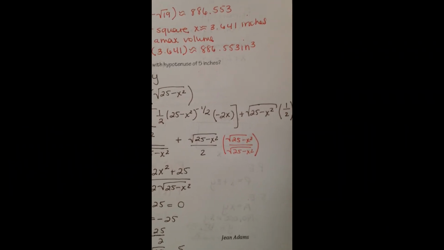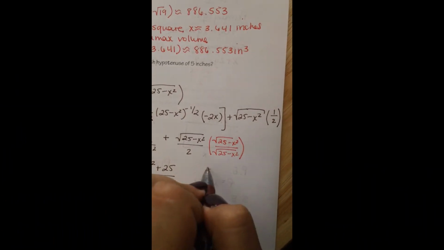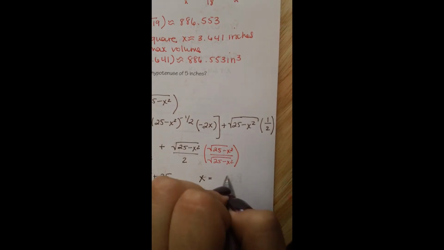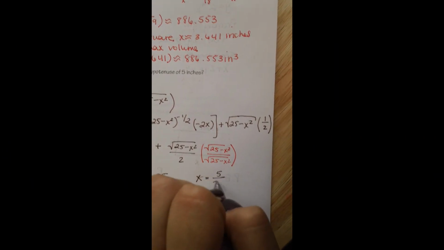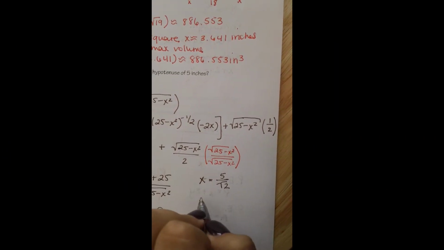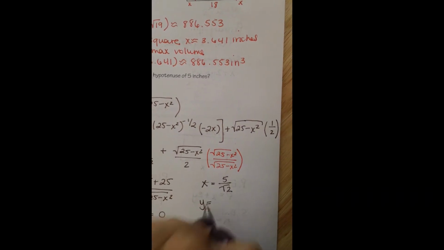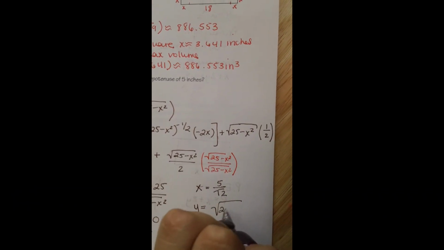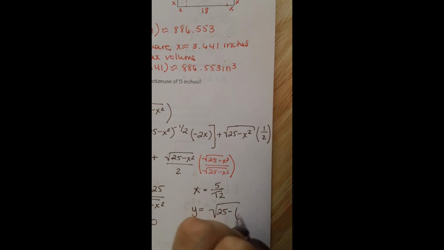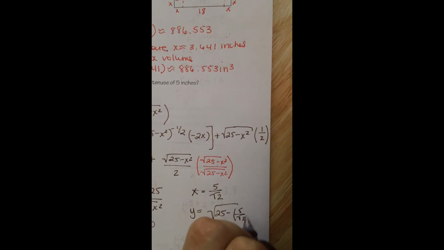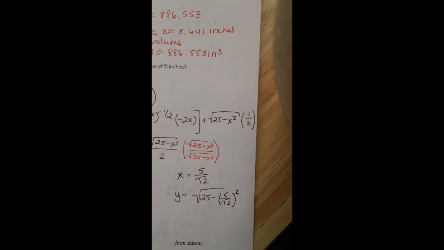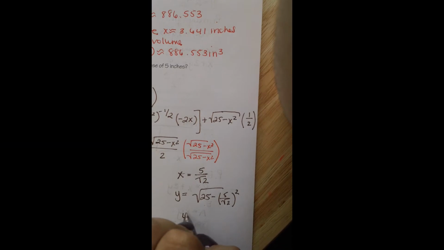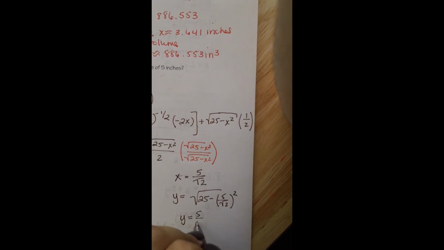Now we know that x equals 5 over the square root of 2. If we solve for y, we get the square root of 25 minus 5 over square root of 2 squared, and that'll actually also give us 5 over square root of 2.